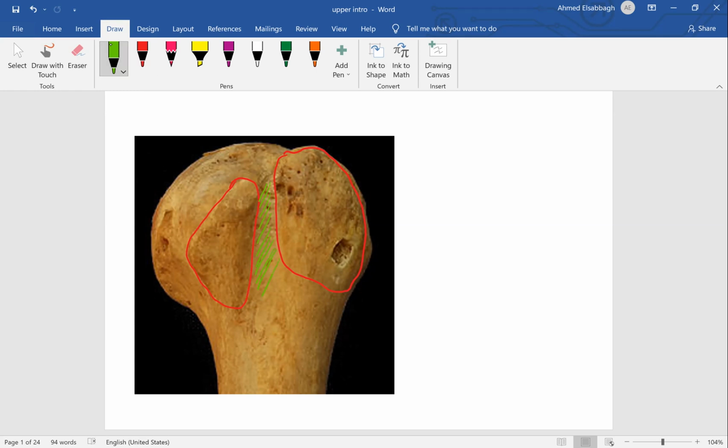This bicipital groove has a lateral lip, a medial lip, and the floor.